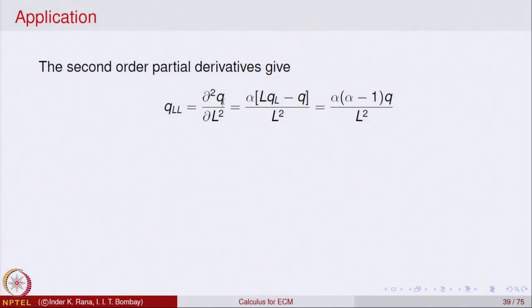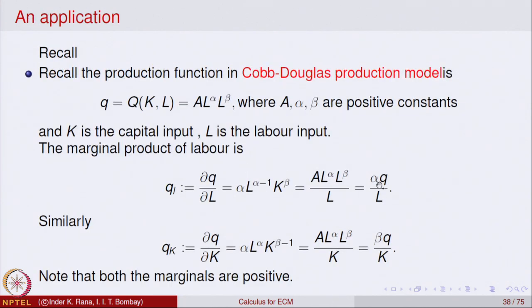Q_LL will be the second order partial derivative of Q with respect to L. So, that we can differentiate by looking at this one, alpha Q by L. So, it will be L square in the denominator by the quotient rule.